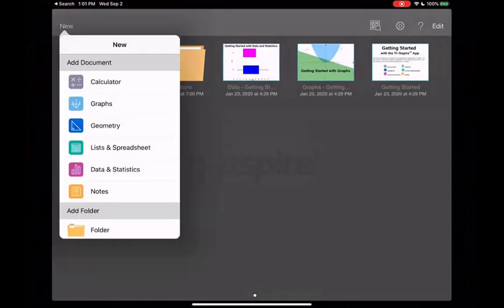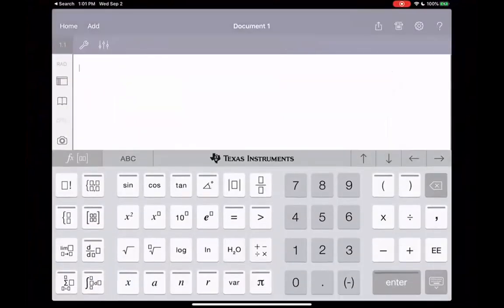Okay, so this is the TI Inspire on the iPad. So it looks a little bit different from a TI on a regular screen, but it's got everything here that I need. So I want to go graph something.